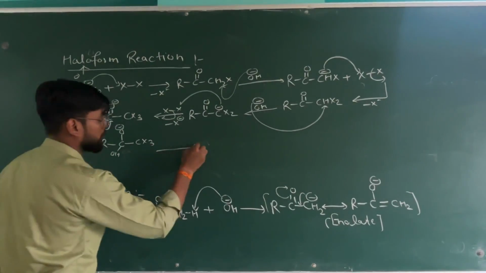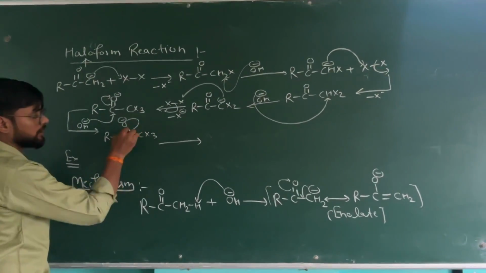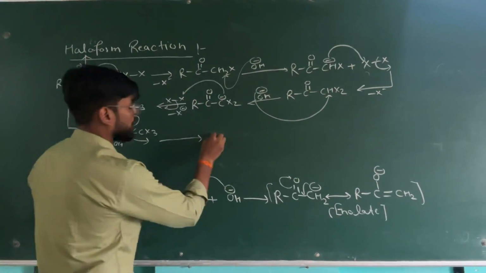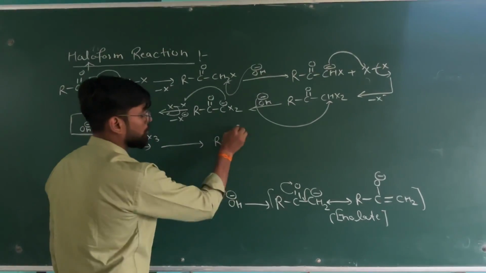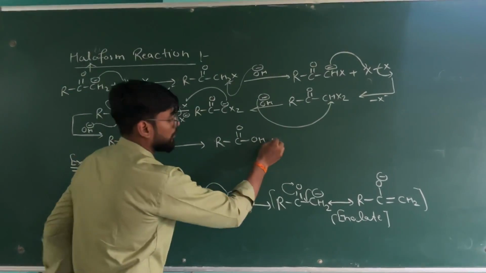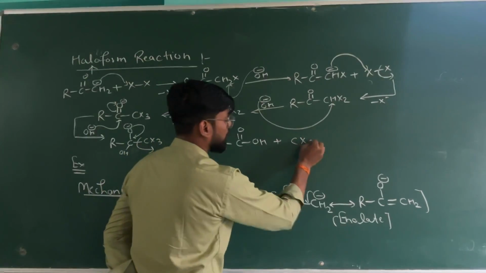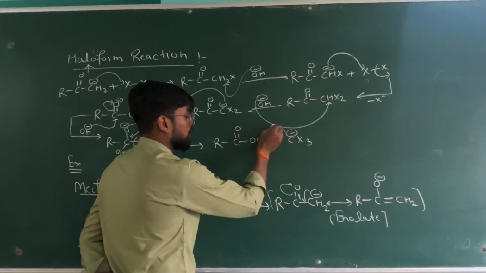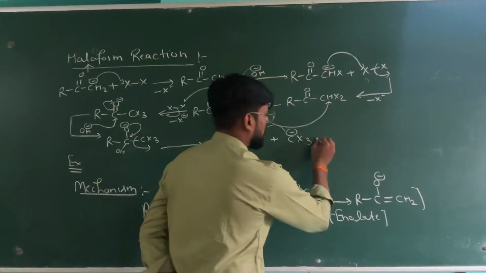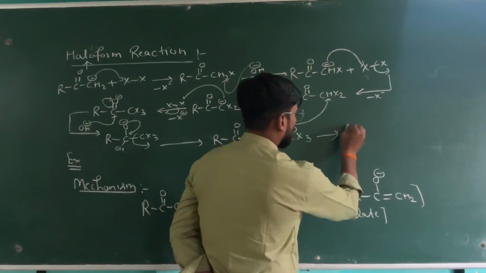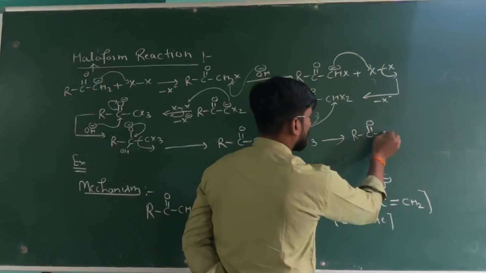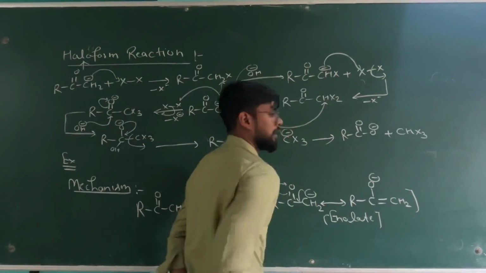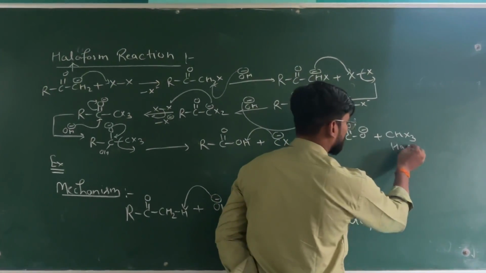In the next step, this negative charge shifts here and removes this group. So here forms RC double bond O, OH, plus CX3 minus. This negative charge accepts the proton from the acid, and here forms RCOO minus plus CHX3. This is the haloform.